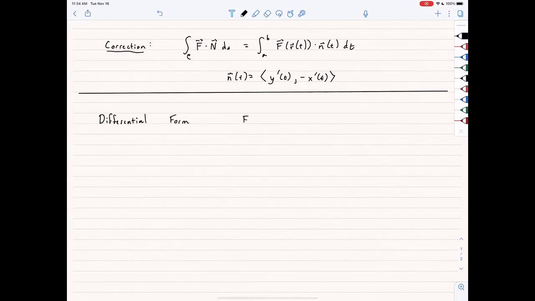So let's say we have a vector field F, and we have our components P, Q, and R. There is in the text and in my notes sort of an overuse of P and Q and R. Sometimes I use it for points and sometimes for functions. In this case, these are functions of x, y, and z. So this is a vector field.